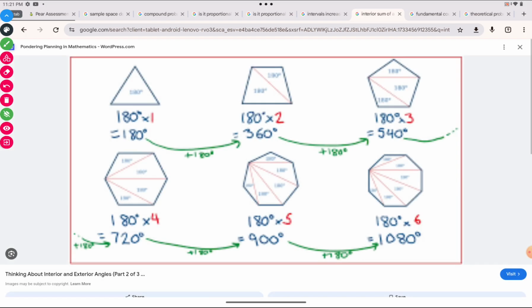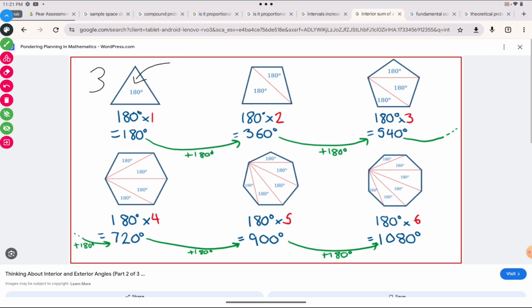The last concept, if you recall, is we're going to look at a polygon. A polygon is just a closed shape with straight sides. If you recall from yesterday, every triangle is 180 degrees. Okay, and so if you go from three sides on a triangle to four sides, basically you are adding another triangle.